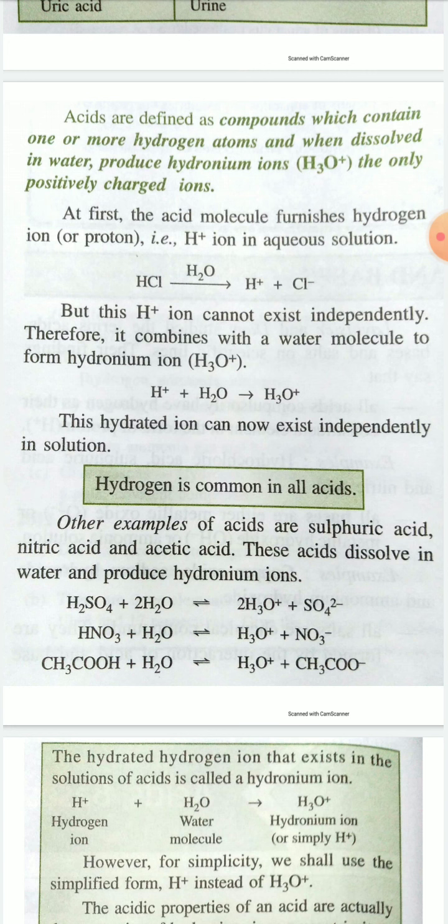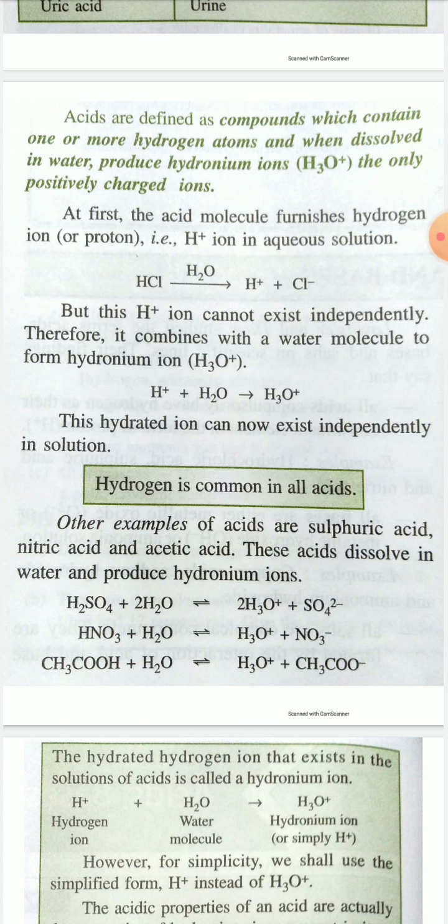The H plus ion can't exist in aqueous solution; the initially formed H plus ion from acid will combine with water molecule to form hydronium ion, H3O plus ion. That's why it is written here that acid produces a hydronium ion, H3O plus ion, the only positive charged ion in the solution.